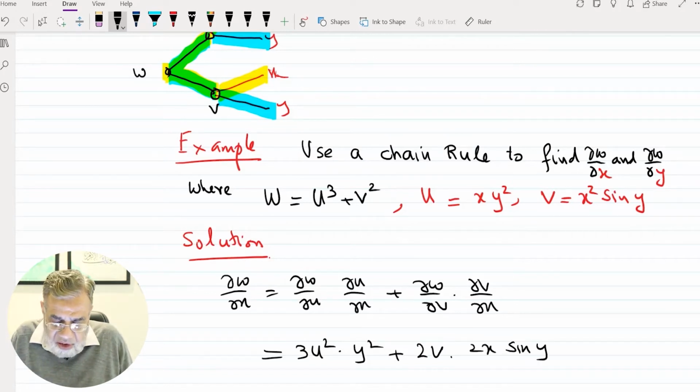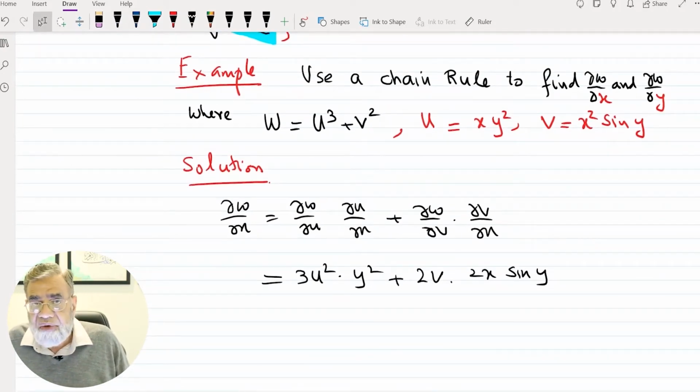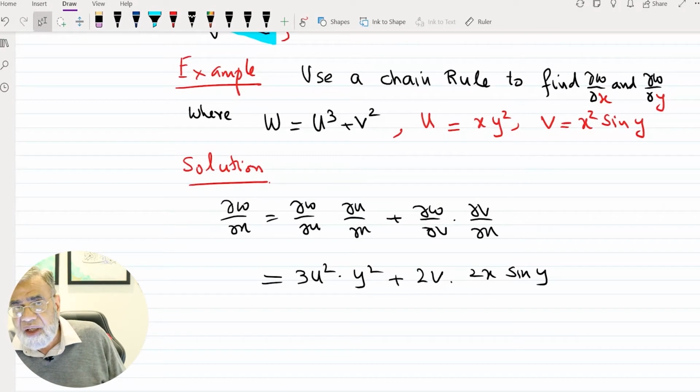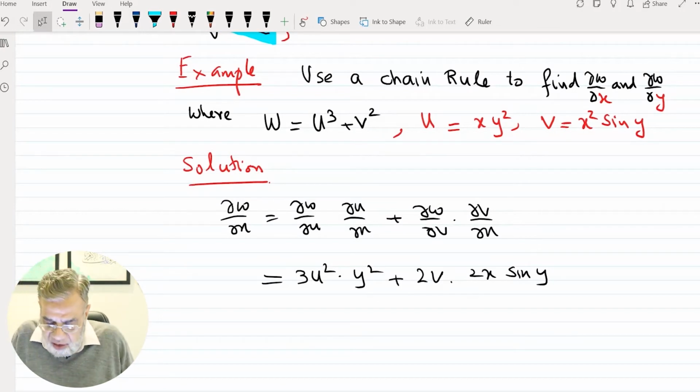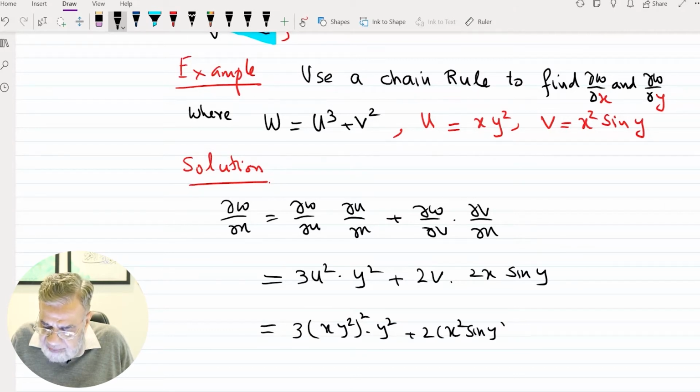Note this: because we have the original function as a function of u and v, we change the variables u and v into functions of x and y. So I can write here this is equal to 3 into u square, u square will be xy square whole square, into y square plus 2v, v is x square sine y, into 2x sine y.